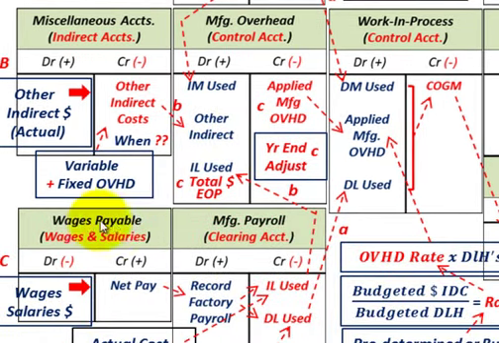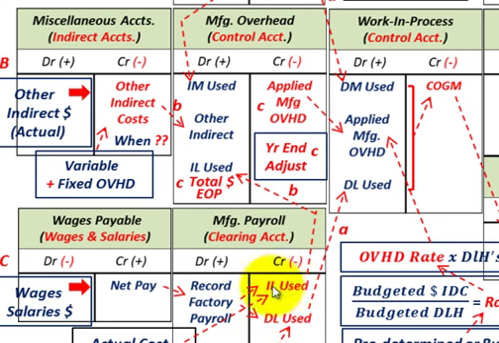Now moving down to our wages and salaries, our wages payable, they're going to come into our manufacturing payroll clearing account, and they're going to record the actual factory payrolls going in here. So that's going to be broken apart between the indirect labor that's used and the direct labor that's used.